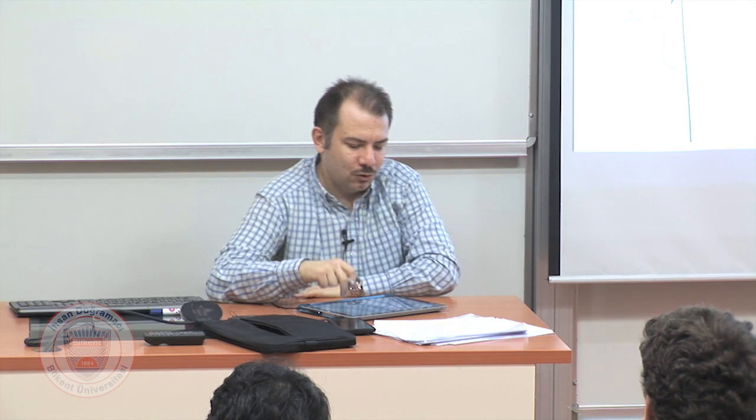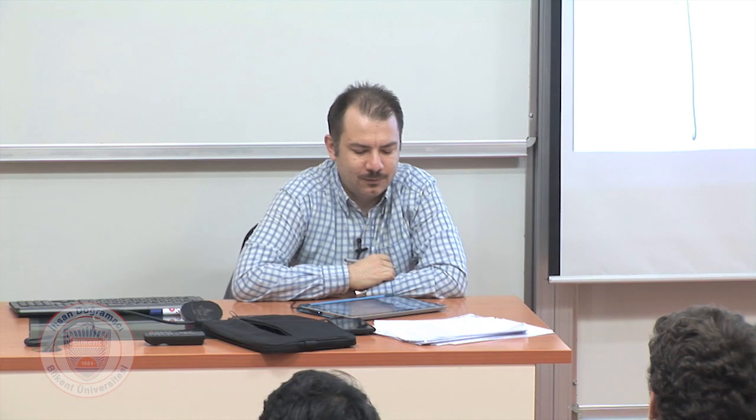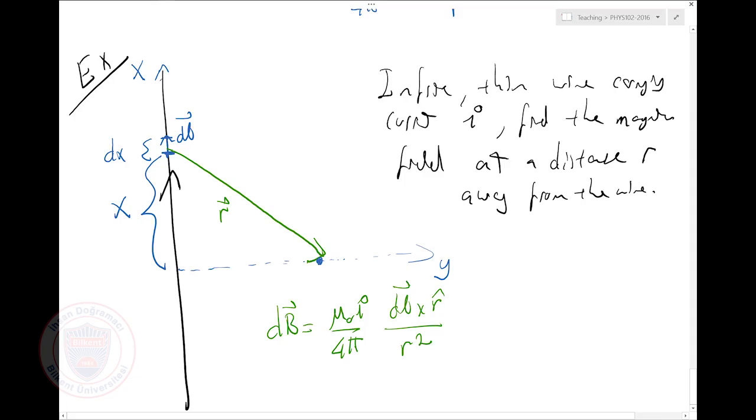Okay. Good. So what is dB? I have all the constants, mu 0 I over 4 pi in front. Now I need to be careful. I have dl cross r hat divided by r square. dl cross r hat is dl magnitude times r hat magnitude times the sine of the angle between them.